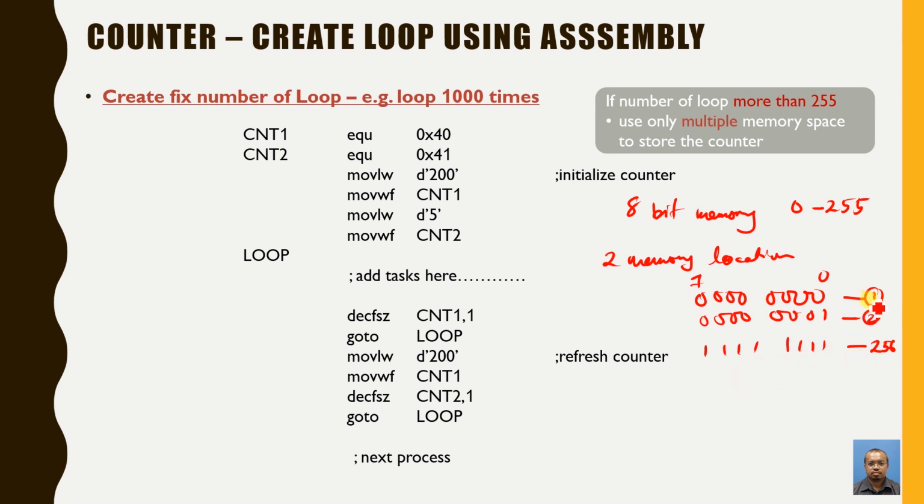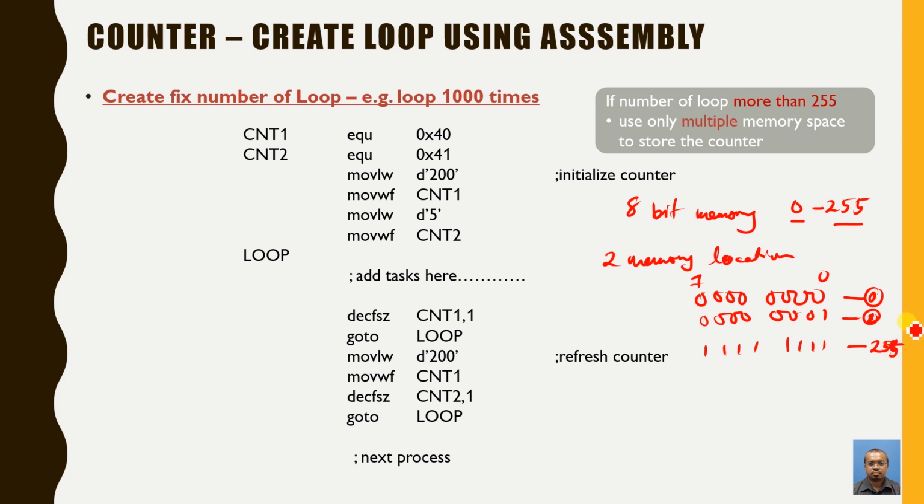So basically, when I mentioned 0 to 255, the first number is actually 0. The second number is actually 1. So here is 255.